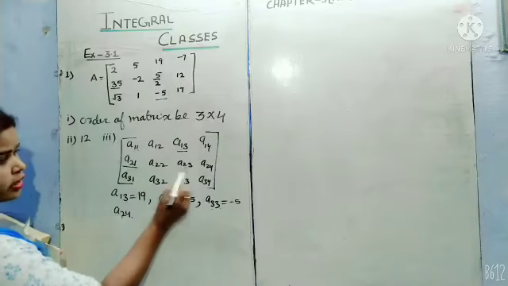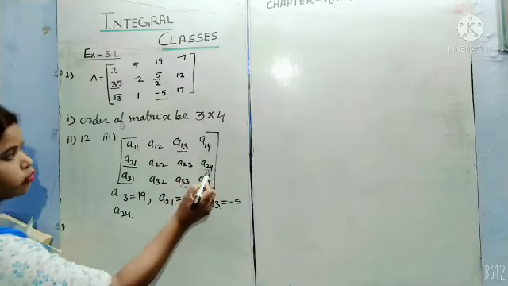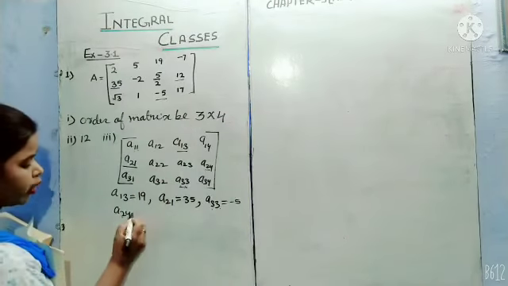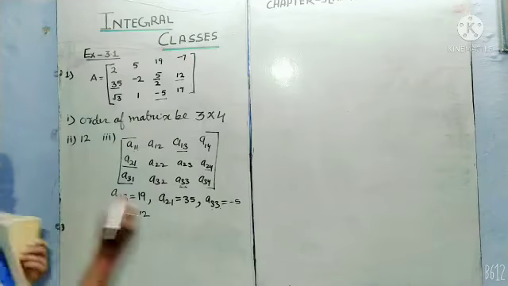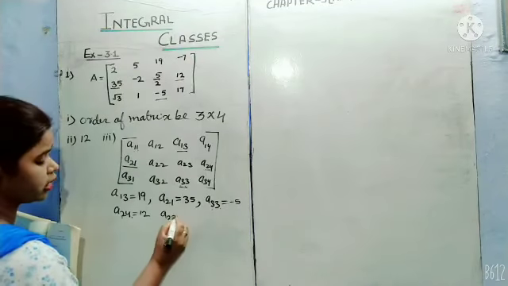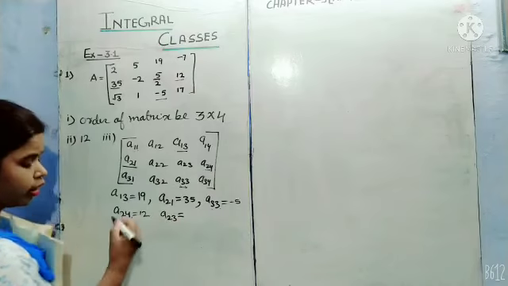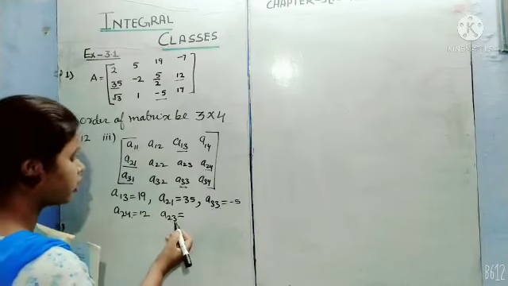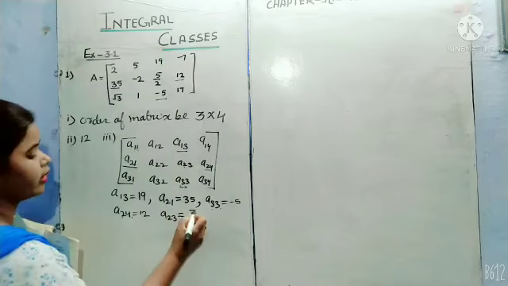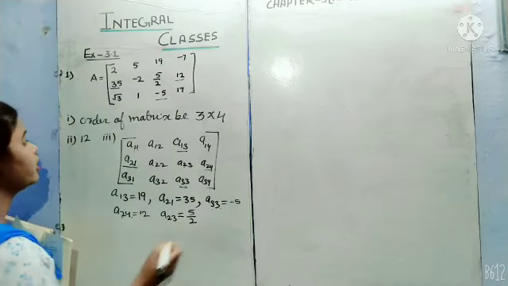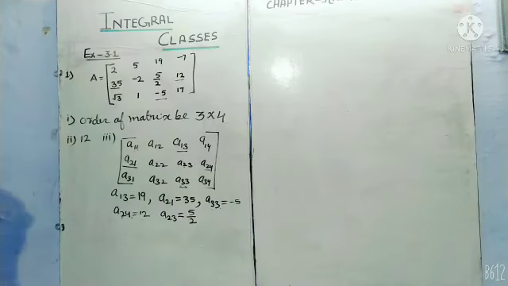Second row is this and fourth column is this. So A24 is 12. And last is A23. A23 means second row, third column. Second row is here and third column. So it is 5/2. Now student, question number 1 is completed.